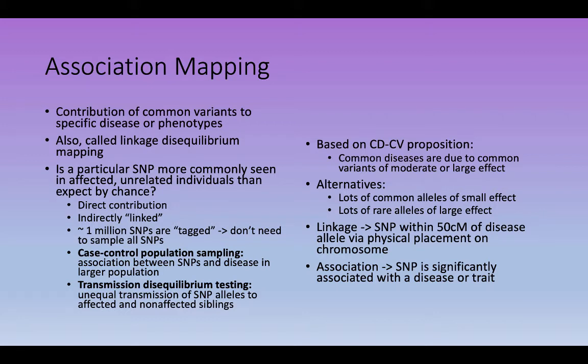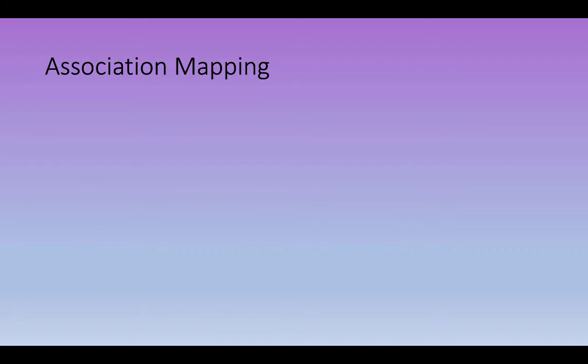The association approach indicates that there's a SNP that is significantly associated with a disease or trait, right? So it's not necessarily identifying a region, it's saying that this specific SNP is associated with it. So it kind of depends on whether or not we're using that tagged approach.